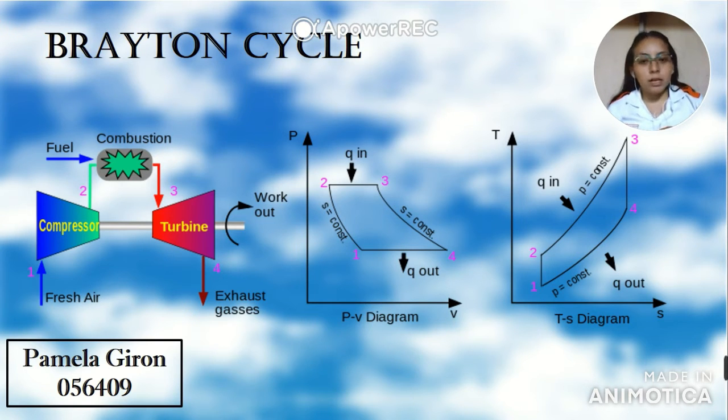In this model, the exhaust air simply transfers heat to the environment and re-enters cold. In the PV diagram, this corresponds to a constant pressure cooling.